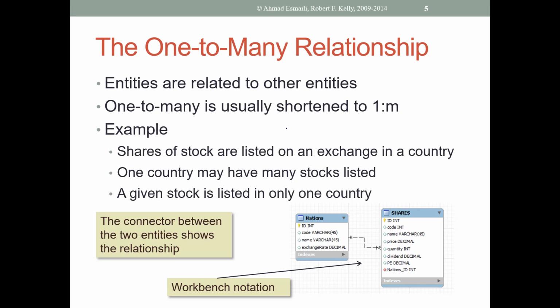But let me give you another example somewhere right here on the top, because I don't want to mess up the remaining contents. So, an example of one to many. Let's think about this.